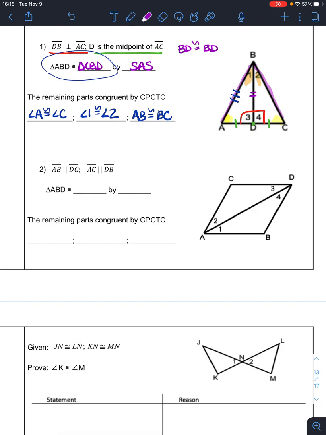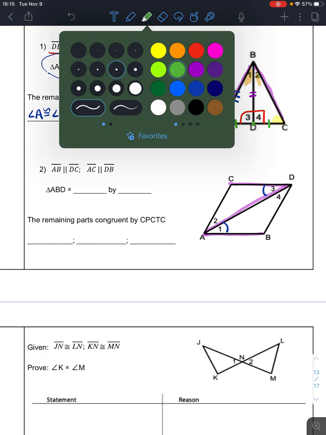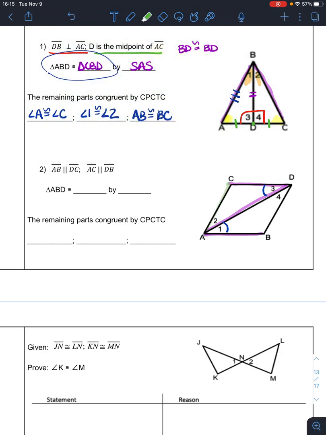Okay, so I am telling you that AB is parallel to DC. So if that's the case, then I know that 3 is congruent to 1 because they're alternate interior angles. Then it says that AC is parallel to DB.